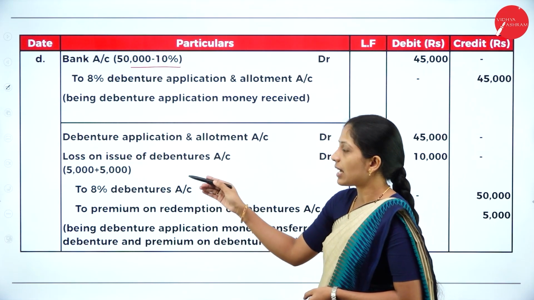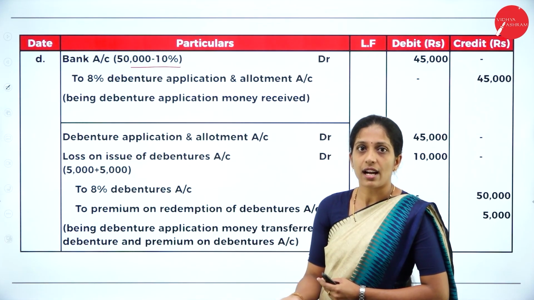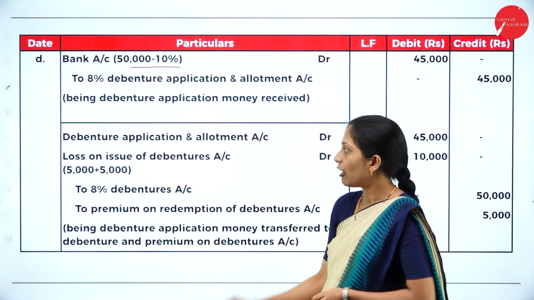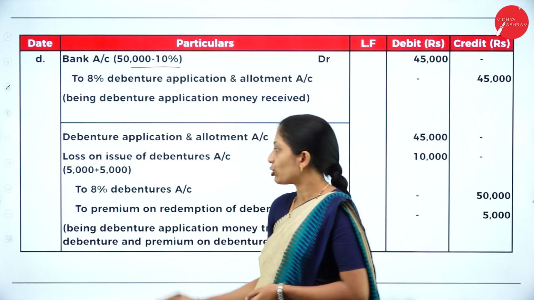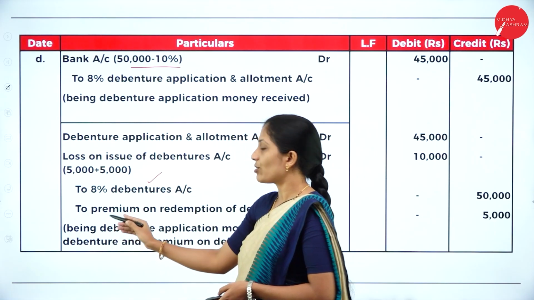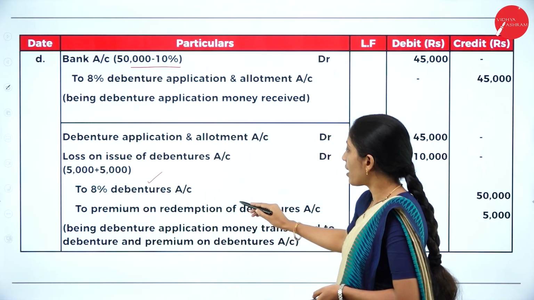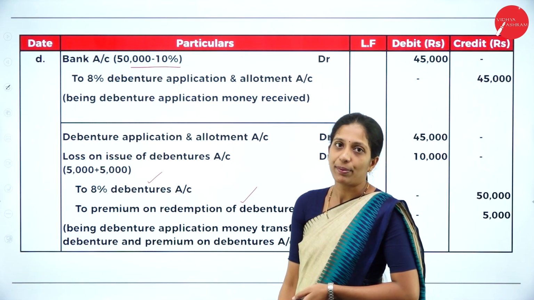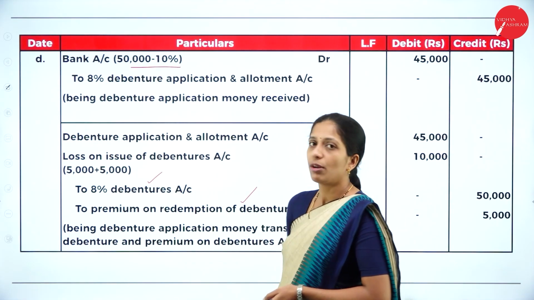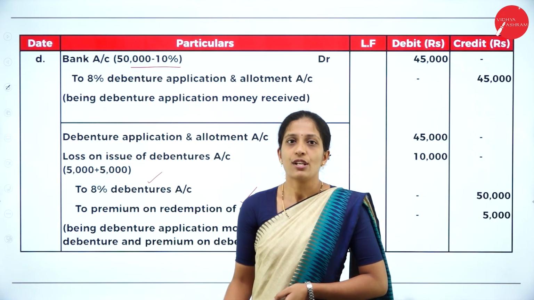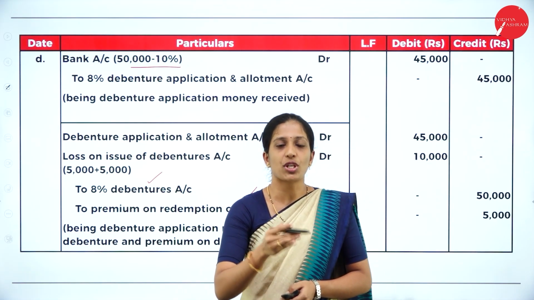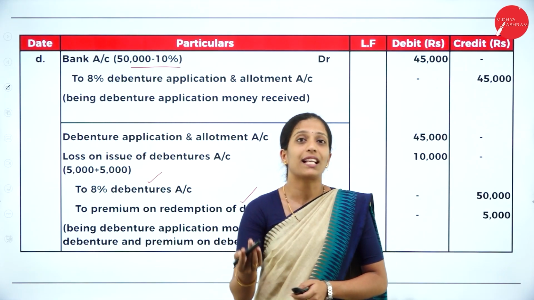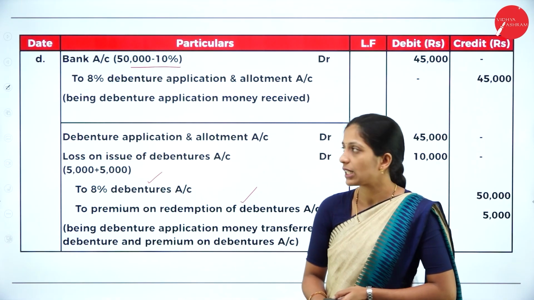Now the transfer entry, since it is issued at discount and redeemed at premium: debenture application and allotment account debit, loss on issue of debentures debit, to 8% debentures account, to premium on redemption of debentures account. This is because it is redeemed at premium. Based on that, you will put the respective amount there. You can go through the sessions and see how easily we put the amount based on the entries and situations given.